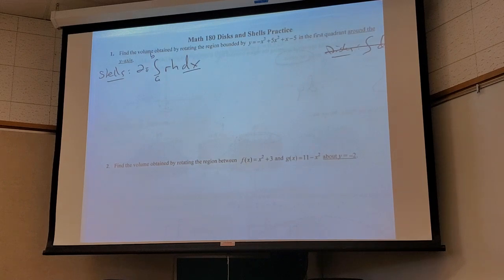Disks need something I can't give it. Shells would be the opposite. Okay, I got a chance here. Now, let's see. Can you guys give me a sketch? You know what to do with this.